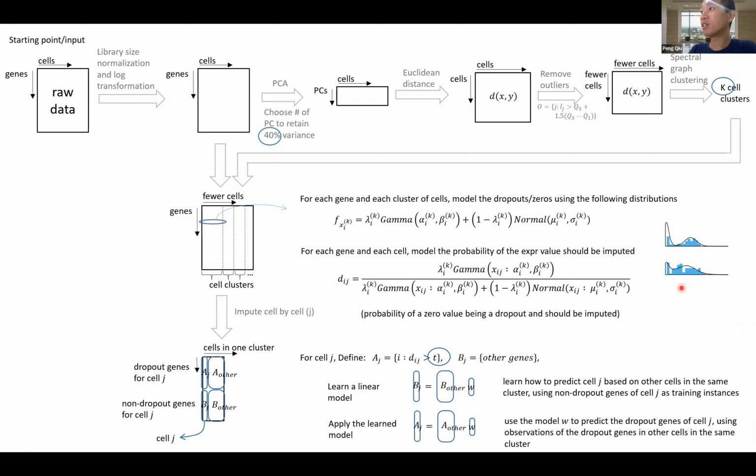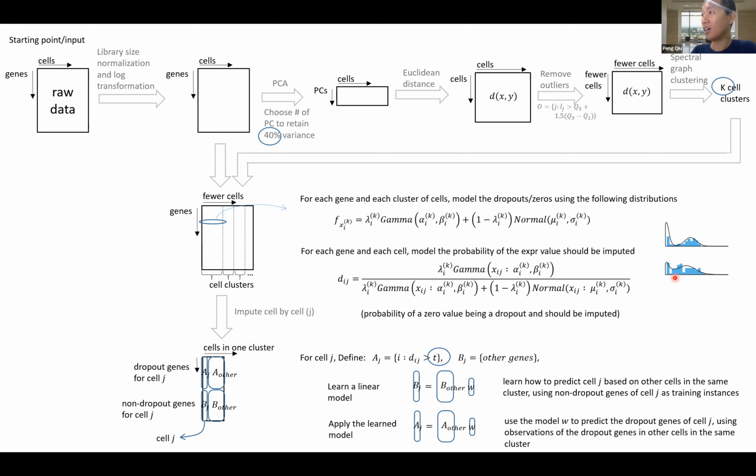But if the distribution of these counts looks like this, that means for this gene across cells within this cluster, sometimes we see zero, sometimes we see non-zero, but when we see non-zero, the value also varies a lot.